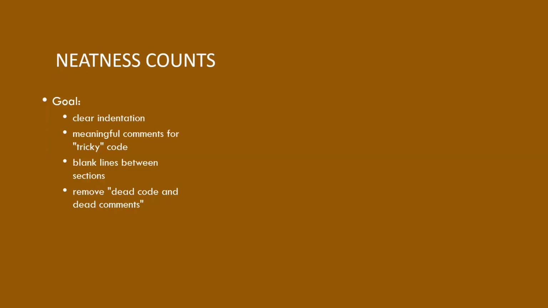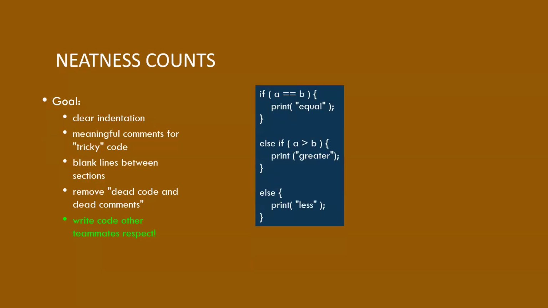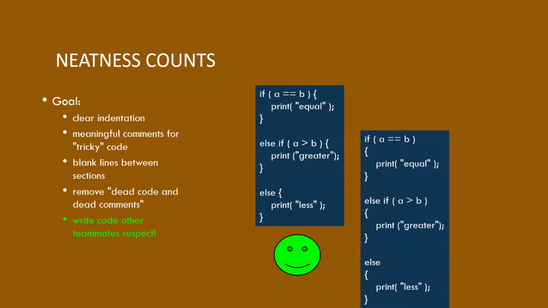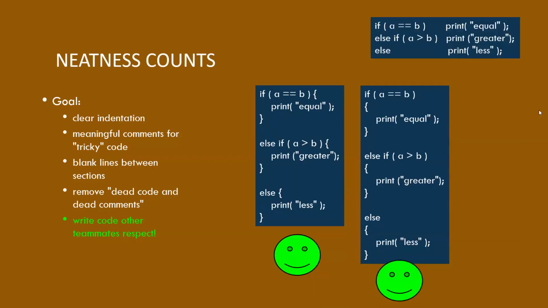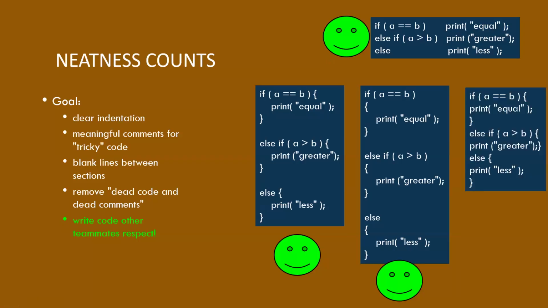So keep that in mind as you go through those, and write code that you're okay with people seeing. Stuff like that is good. Stuff like that is fine. Even stuff like that is okay. Putting stuff all in one line, just use common sense on that stuff. That's just fine. Even stuff like that is kind of okay, but it starts to be a little hard to read if I have to debug stuff. So keep in mind that you can always just hit the tab key and make things a little bit better for everybody.